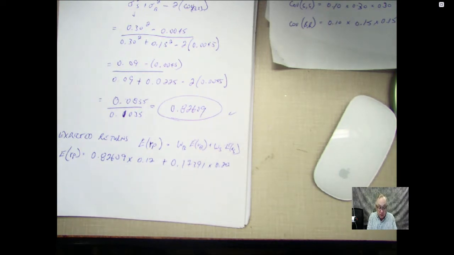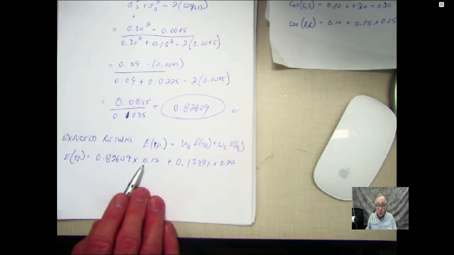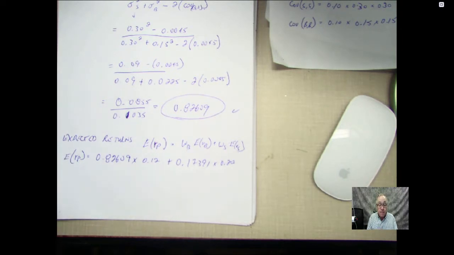And I'll quickly confirm this with a spreadsheet. 0.1739 times 0.2 plus 0.82609 times 12 is 13.